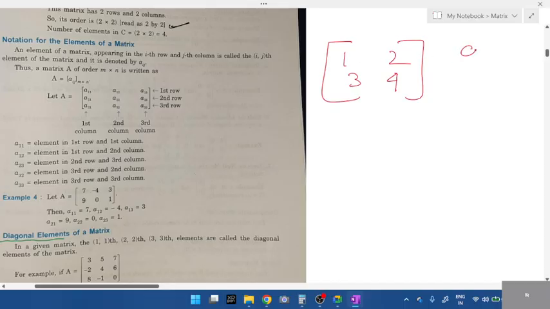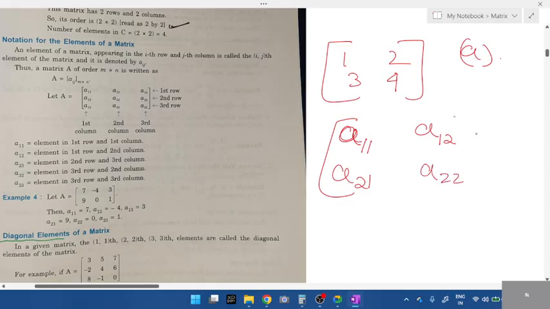An element is denoted by A. You can take any alphabet, but mostly they take A. Now this is the value A. This position A where I've written, which row and which column? First row, first column. Next, first row, which column? Second column. Here, second row, right? It's in the second row. I should write 2 and which column? First column. A21.